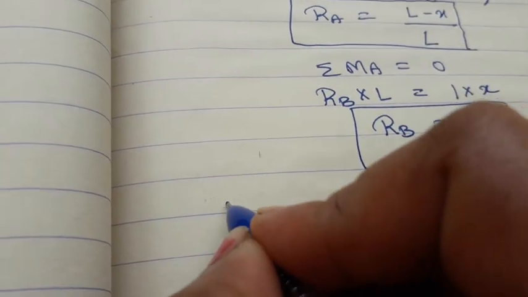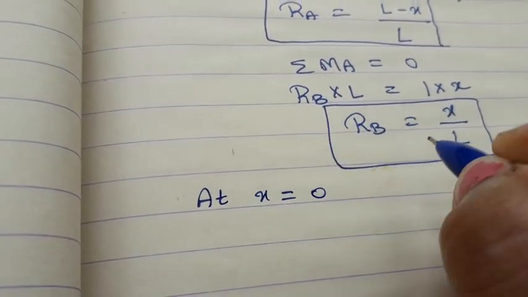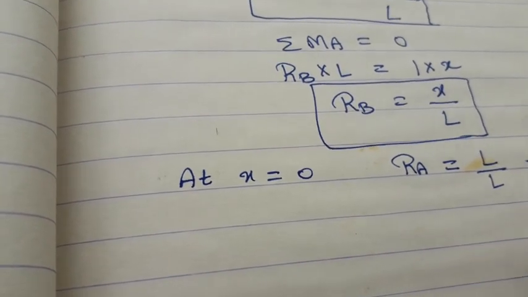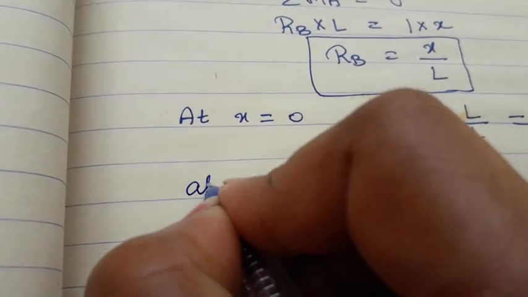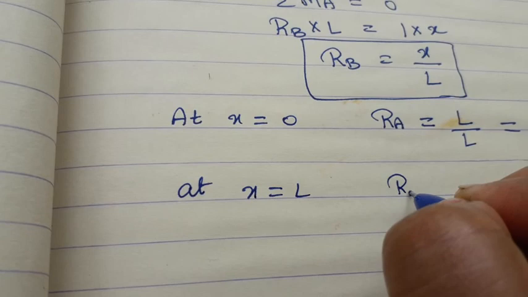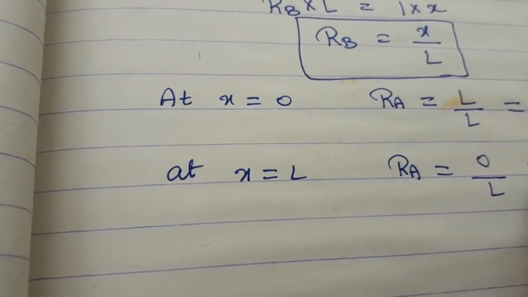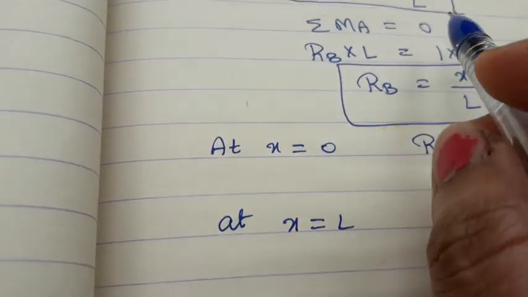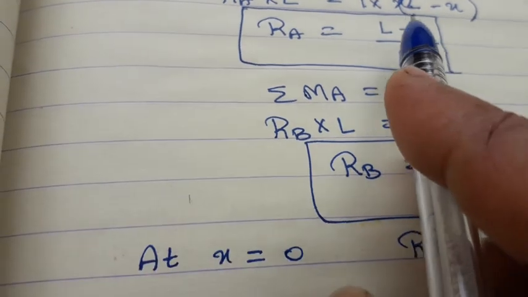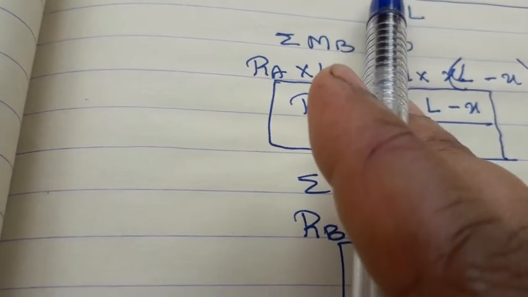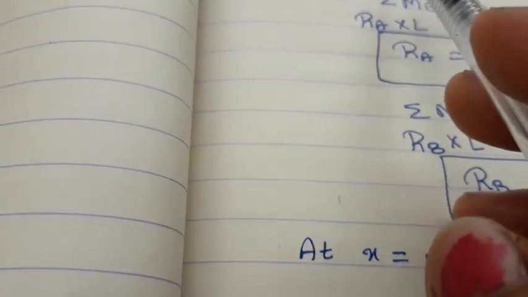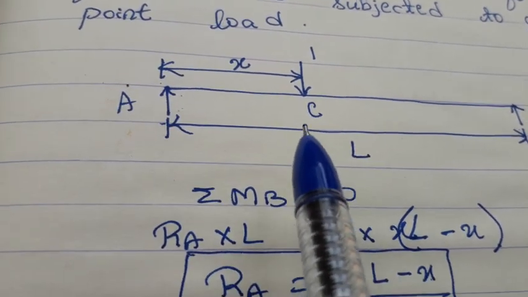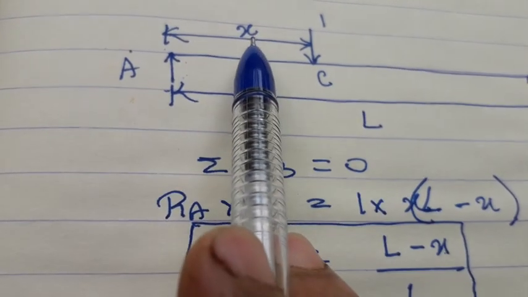First, at x equal to 0, what is Ra? Ra is equal to L by L, which is equal to 1. At x equal to L, Ra is equal to 0 by L, which is equal to 0. At x equal to 0 means at A, at x equal to L means at B, and at C, x is equal to x.